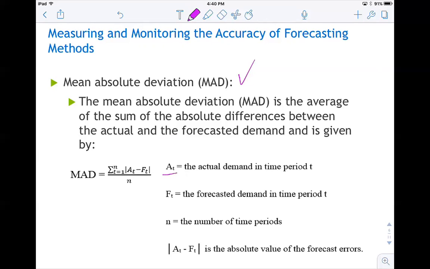Remember, A is what we use for actual demand, and F is the symbol that we use to refer to the forecast values. So if you know the actual values and the forecast for time periods, let's say, in our previous example, we had the forecast for the first 8 weeks, and we were trying to make a forecast for week 9 and later time periods.